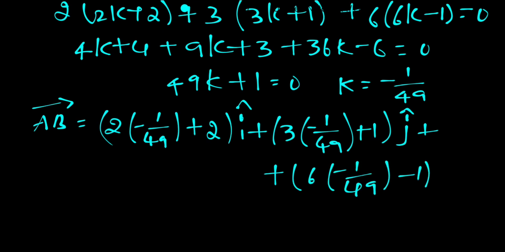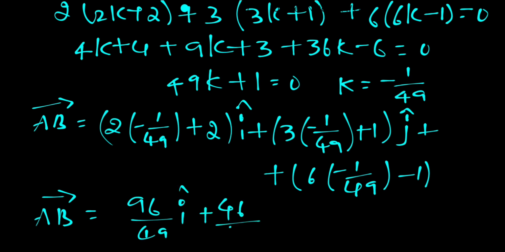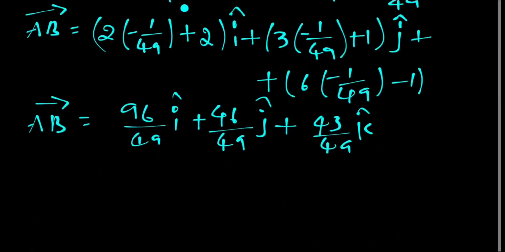Make the simplification here. AB bar is equal to 96 by 49 I cap plus 46 by 49 j cap plus 43 by 49 k cap. This is the vector AB bar.